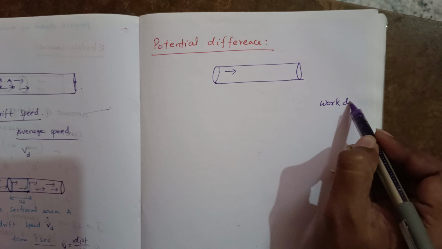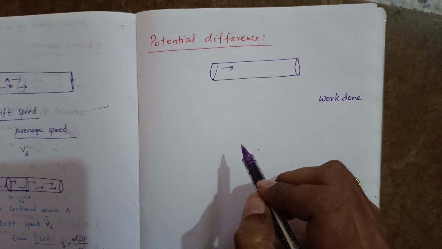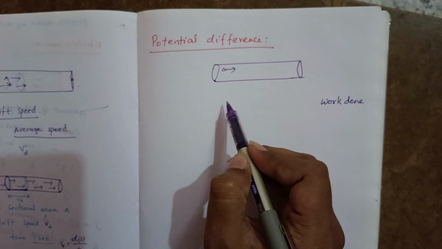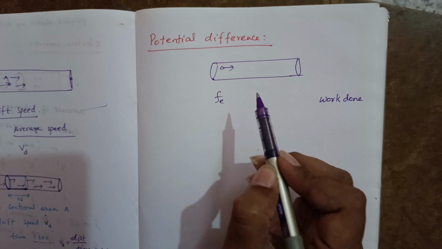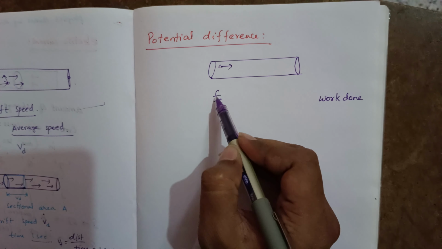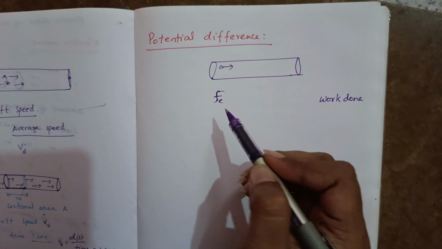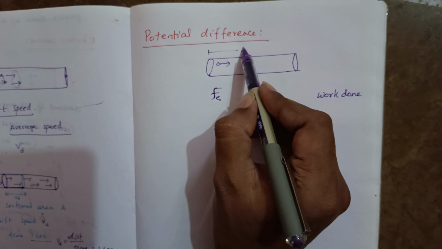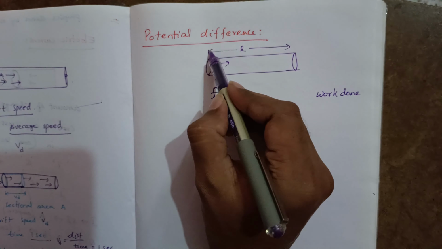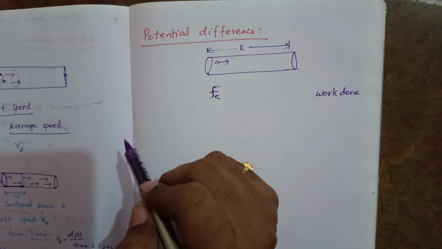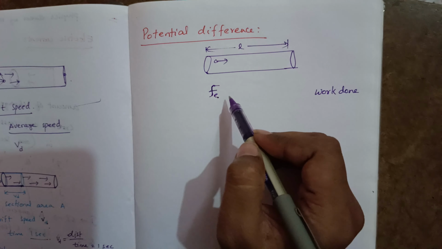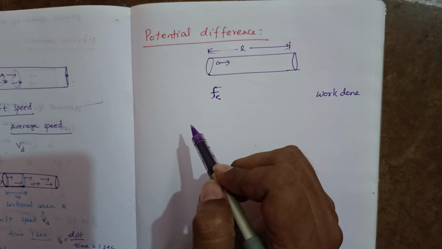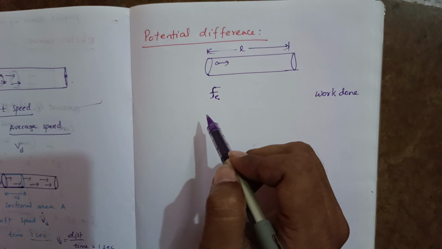Here the electric force makes the electrons move from one point to another through the distance L, so the electric force is doing some work.